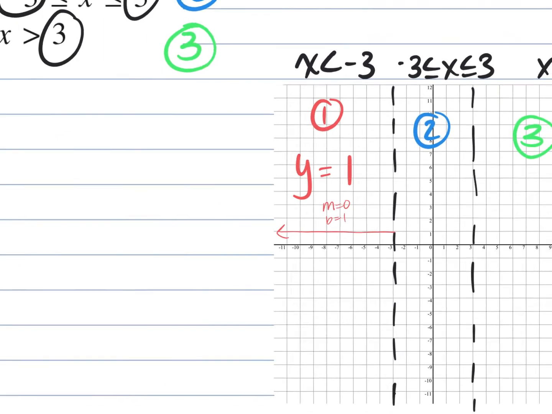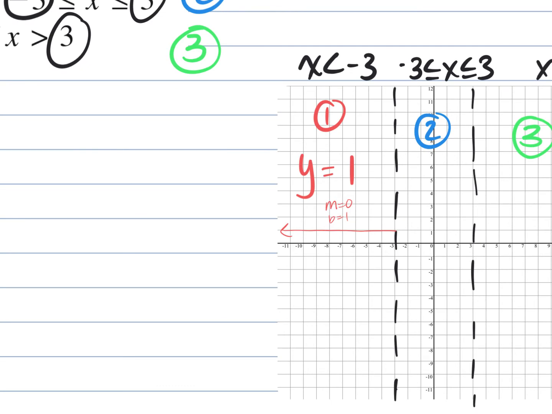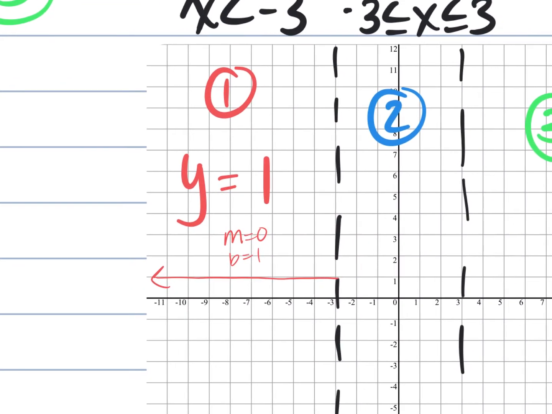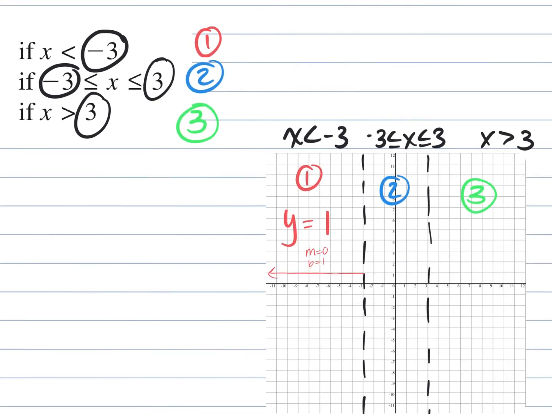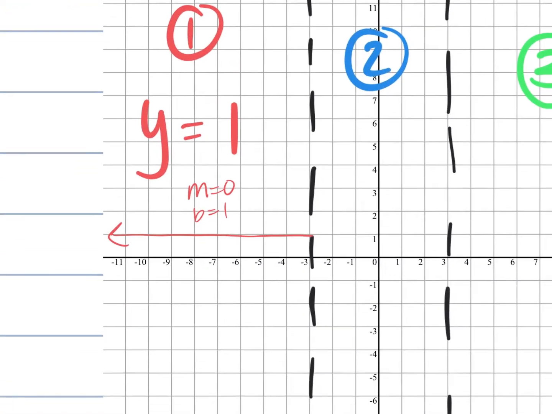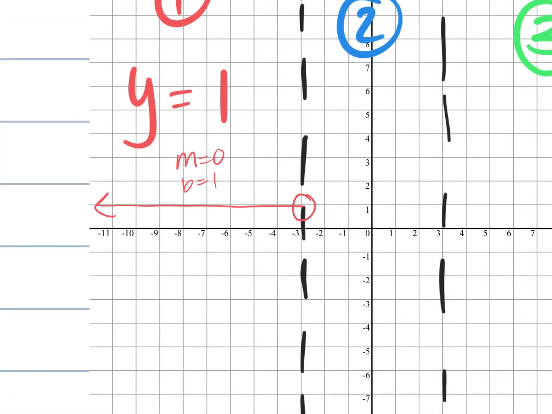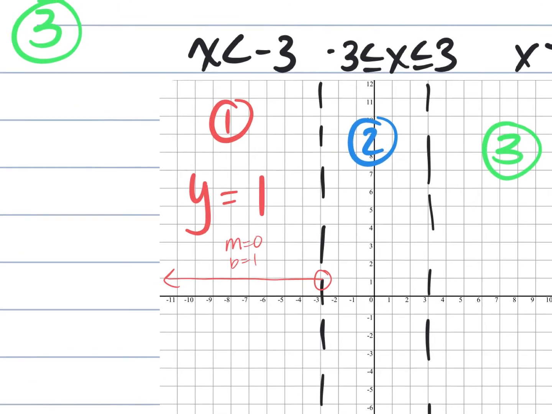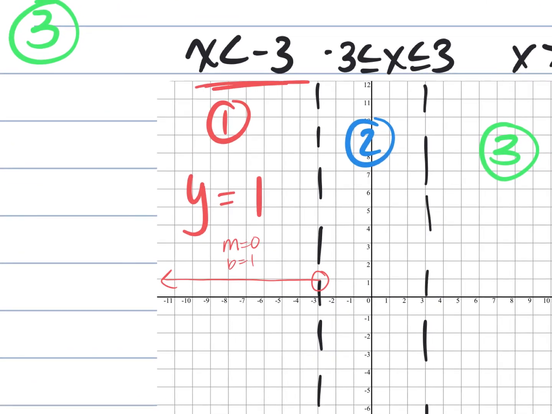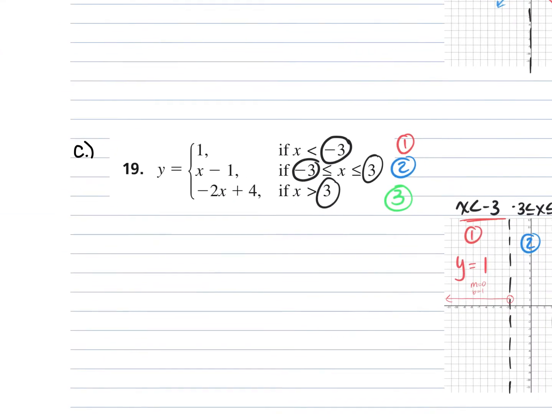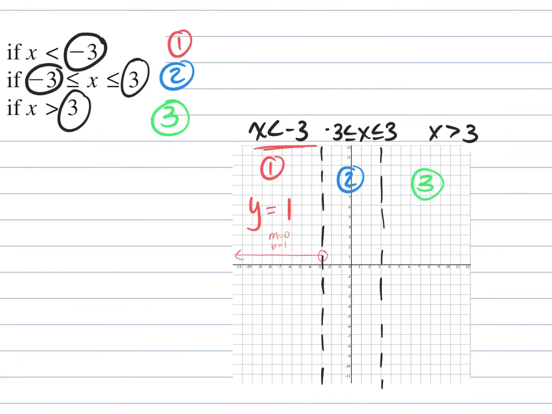Now, we can only be in section 1, so we're going to stop when we get to -3. And is it going to be an open or a closed circle? It's going to be open because it was x is less than -3. In piece number 2, our function is going to be y equals x minus 1.